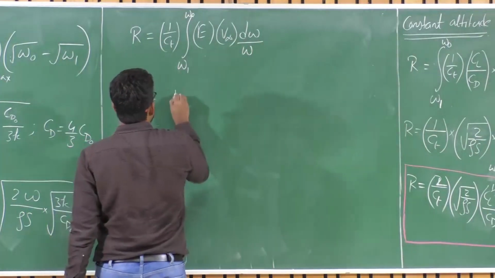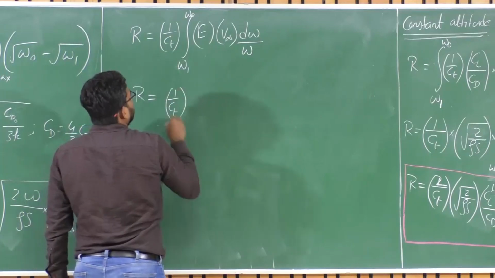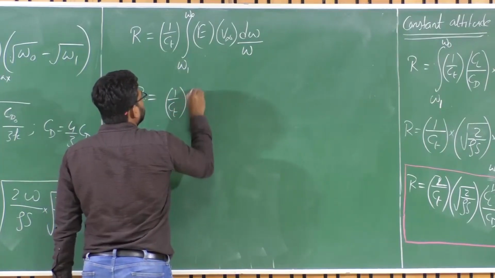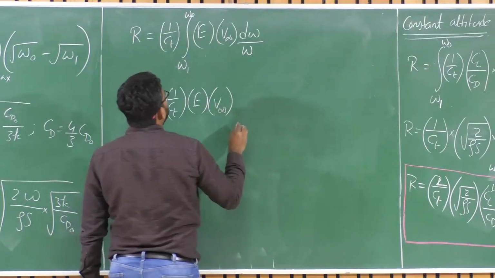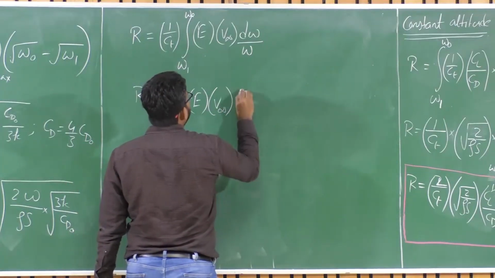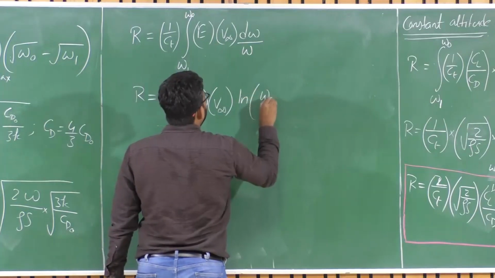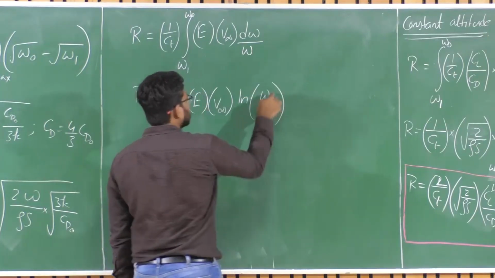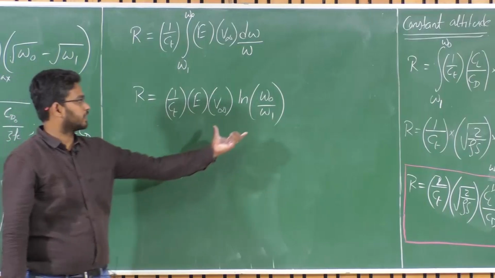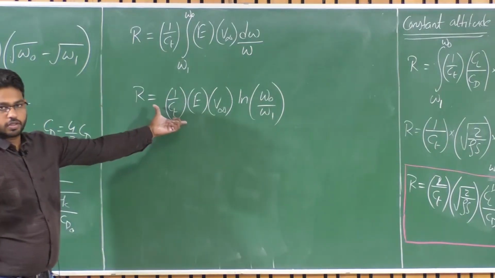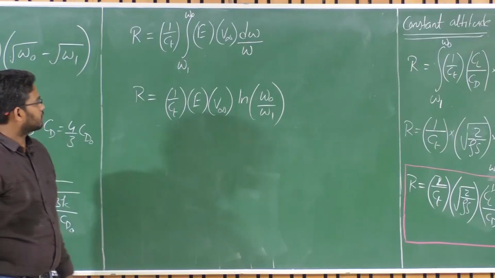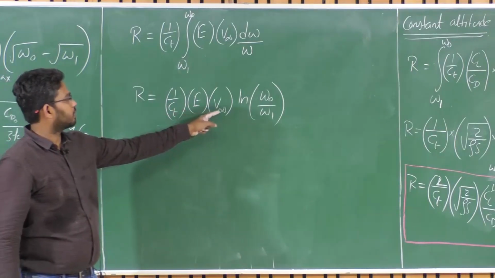So range is equal to 1 upon Ct times E times V infinity times ln of W naught upon W1. This is greater than 1, so ln exists and it's a positive quantity.